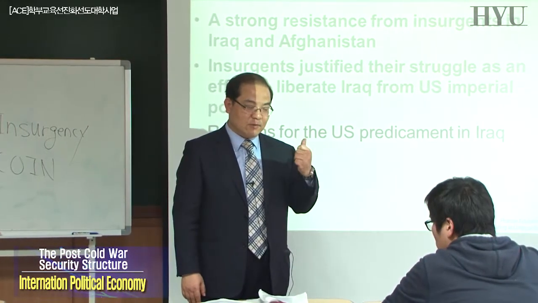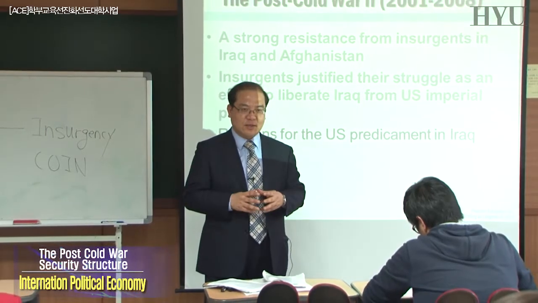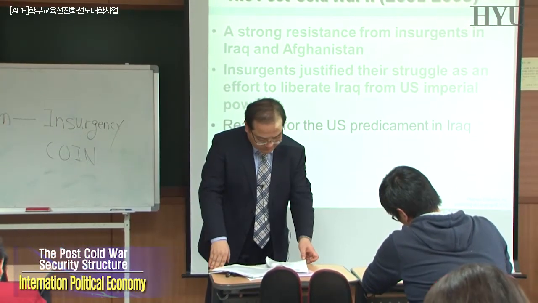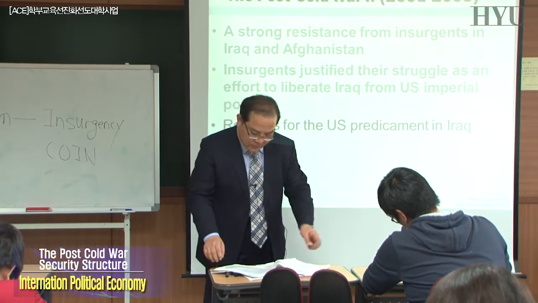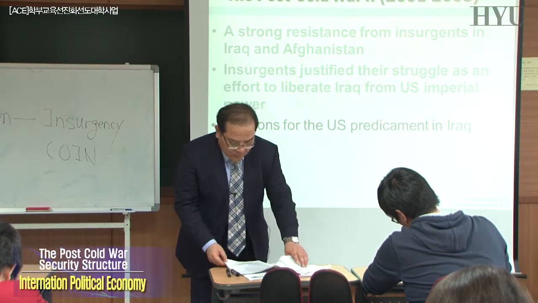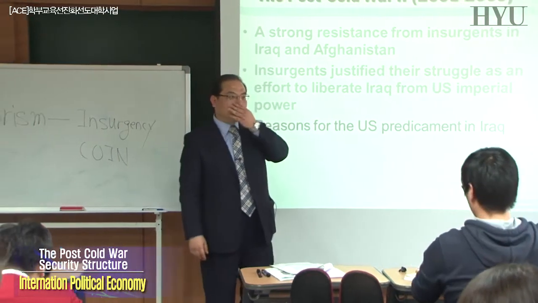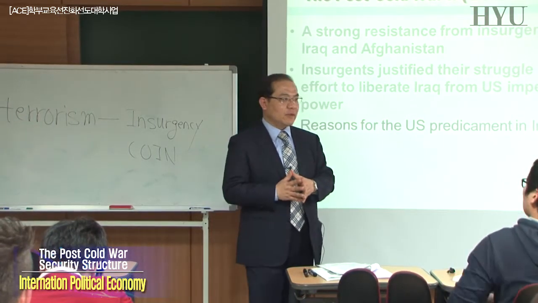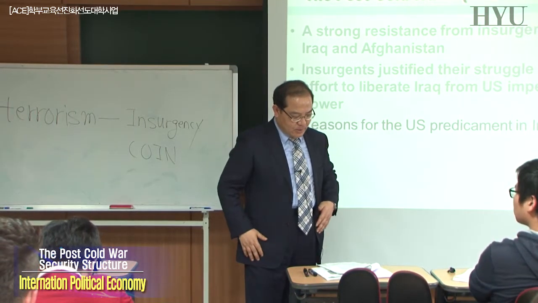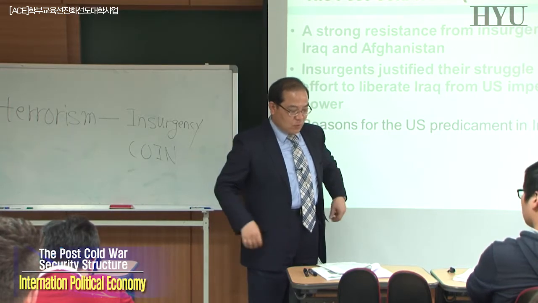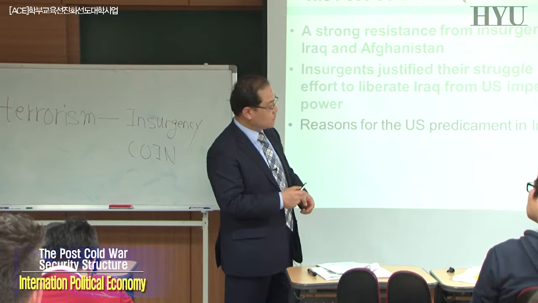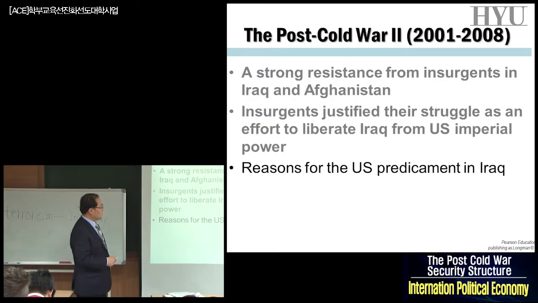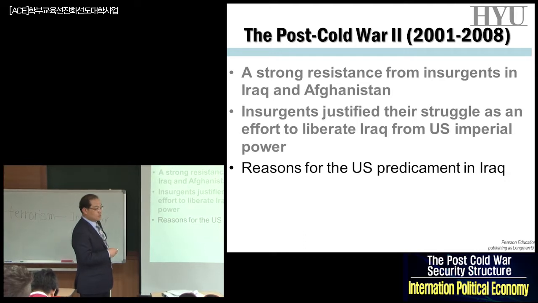So counterinsurgency is about post-conflict building, government building. The Bush administration was not doing a good job of engaging Iraqis and Afghans. And the U.S. government was unilateral in many senses, so there was a strong resistance from not terrorists but insurgents.